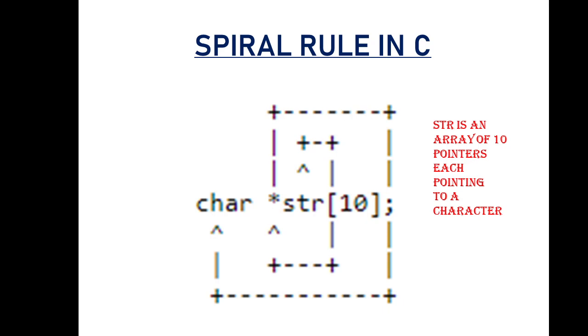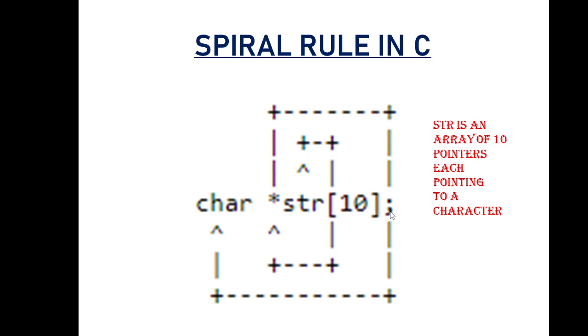First, there is a rule in C which is called the spiral rule to read the complex declaration of variables. So how to read a variable? For example, if a declaration is like this: char star str in square brackets, you put a 10, and there is a semicolon. You have to start always from the unknown word.